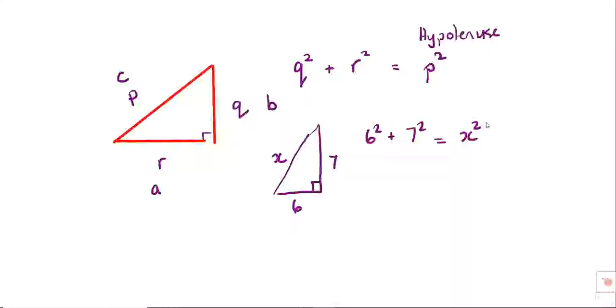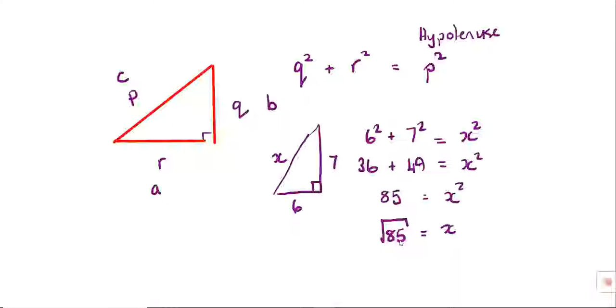So 6 squared is 36, plus 49. That will equal x squared. 36 plus 49 is 85. That will be x squared. So what would x be? The square root of 85.